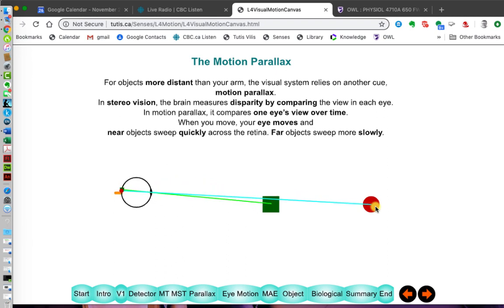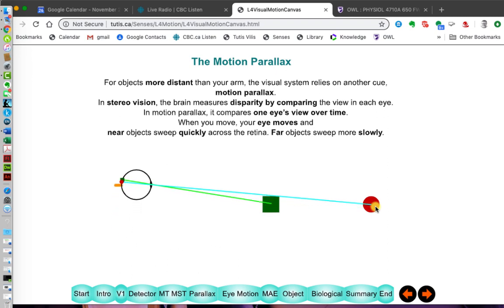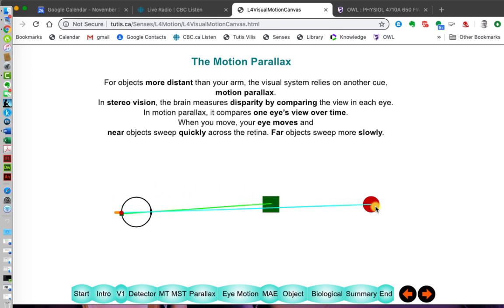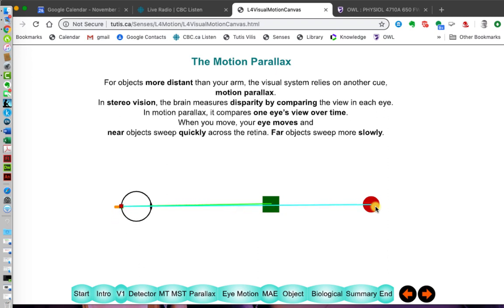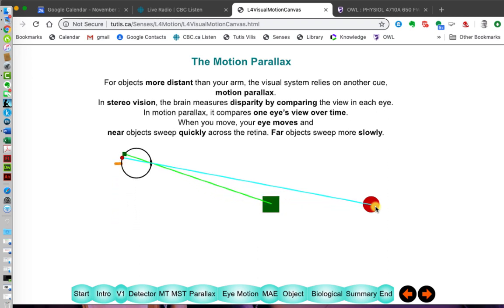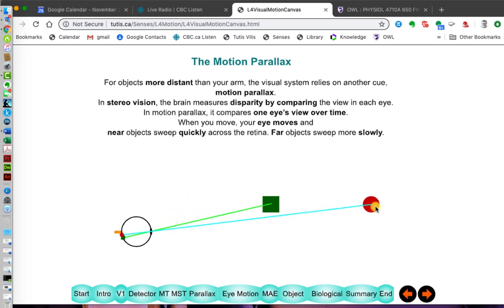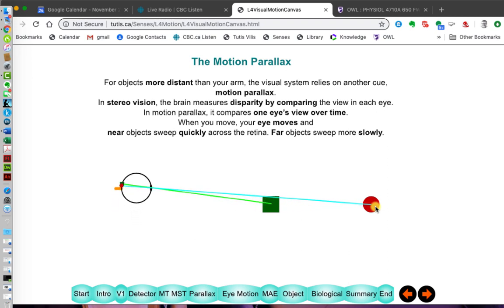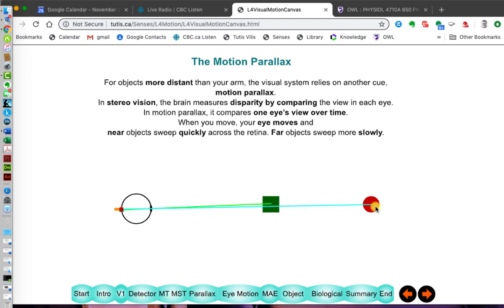The foreground, the side of the road and the trees on it, the bushes will be zipping by you. Whereas things in the mountains in the distance will be almost still. Okay? And so you can tell by that relative motion that one thing is moving faster than the other, that object must be closer to you, or that object is farther from you.